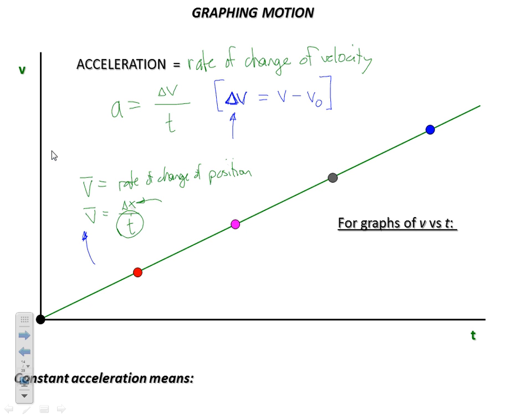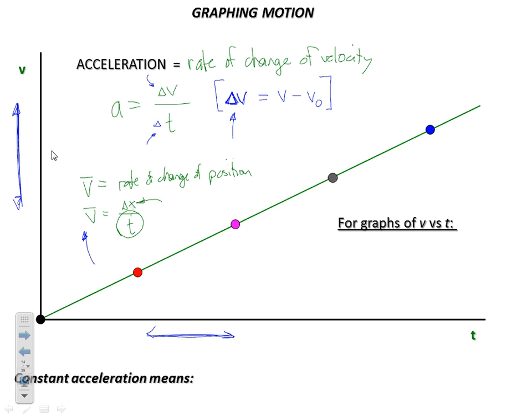Now something else to notice, right? If we talk about acceleration like this, and at least write it like this, especially when we look at a graph, notice that we're talking about delta v, which is change in this stuff, and delta t, which is change in this stuff. Or we're really doing a delta y over delta x, or a rise over a run.